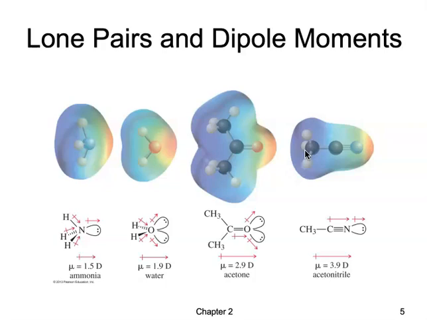We're going to concentrate a whole bunch on boiling point. And one of the things that you'll notice is that the things that have really high debye numbers, in other words, a really high separation of charge, like acetonitrile, are going to have a much higher boiling point because of the attraction between those positives and negatives relative to things with a lower debye number.